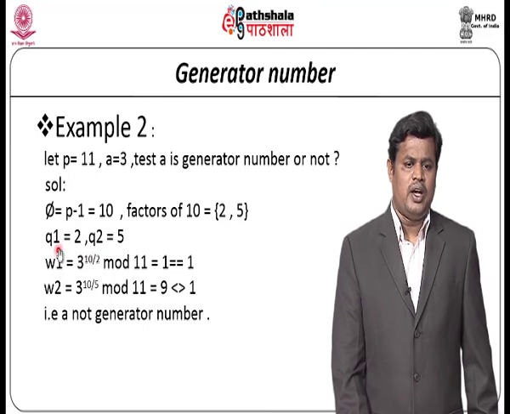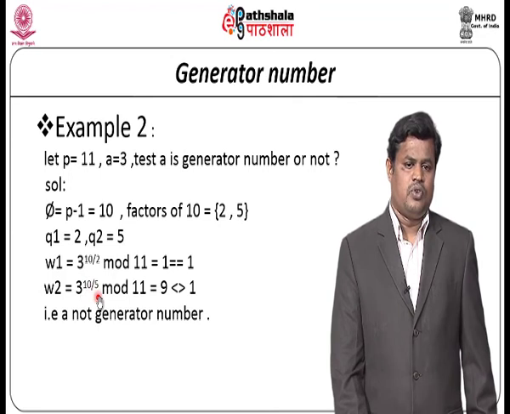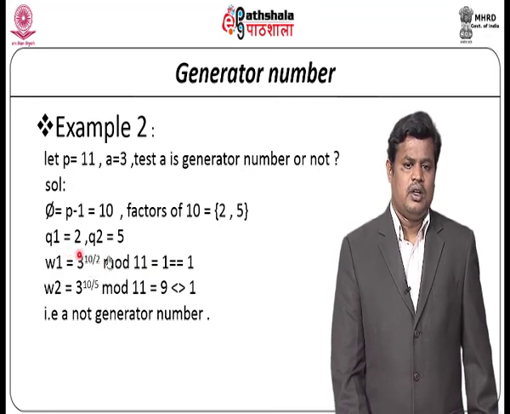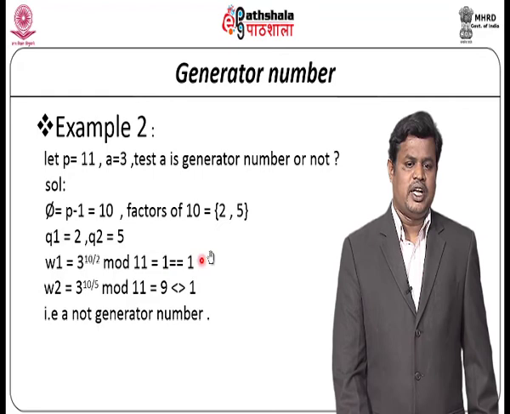Now q1 is equal to 2 and q2 is equal to 5. W1 is 3 power 10 divided by 2, that is 3 power 5, mod 11, and w2 is 3 power 10 divided by 5. Now we can see that for the first value, q1, we are getting 1, so this is not a generator.